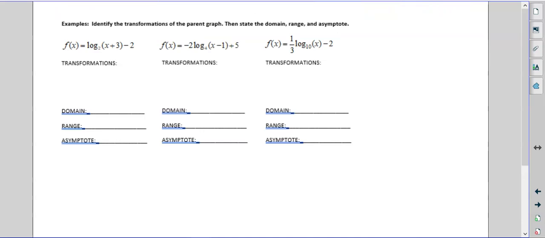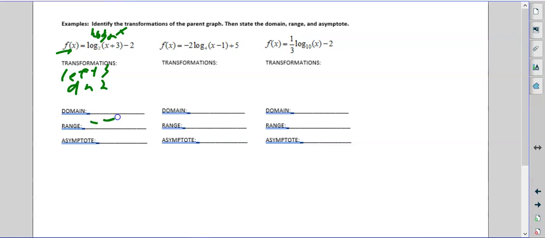Now, remember, just like before, you can use your calculator. If you want to see these in action, you can graph log 2 of x as your parent function in 1, and then put this one in 2, and you'll see exactly what happens. So again, inside lies, so it's going to move left 3, it's going to move down 2.